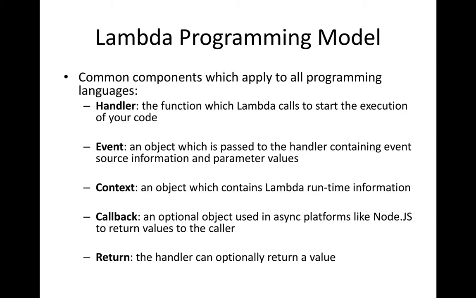If you're using a platform like Node.js to write your Lambda function, you can optionally include a callback object. And it's commonly used in asynchronous platforms like Node to return values back to the caller of the function. And then finally, a Lambda function, a handler, can optionally return some sort of value.